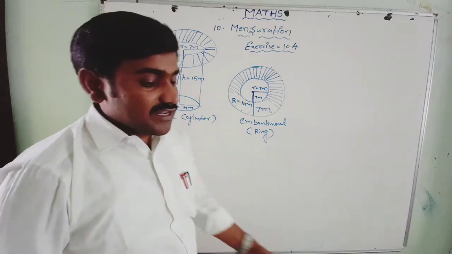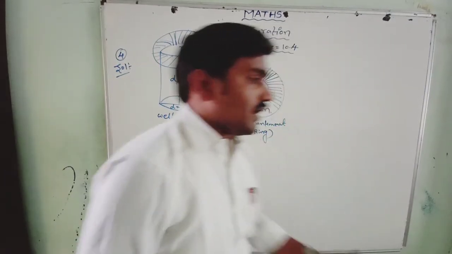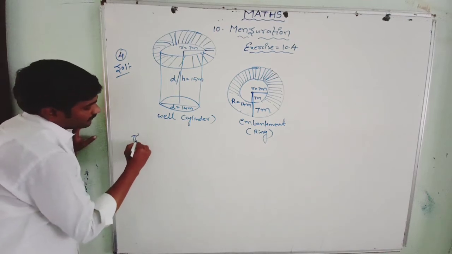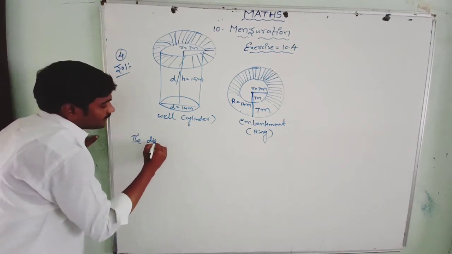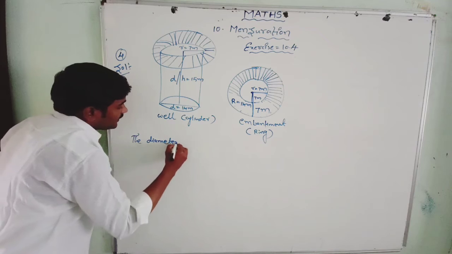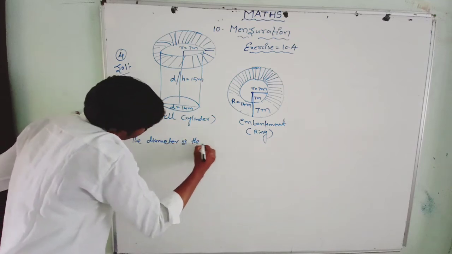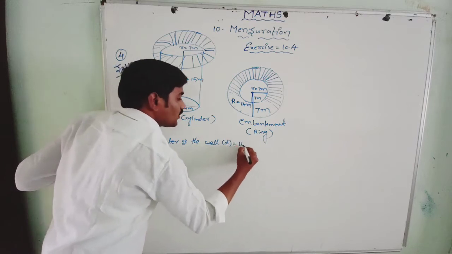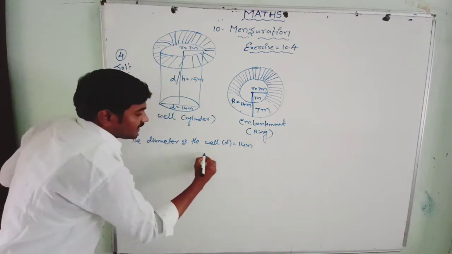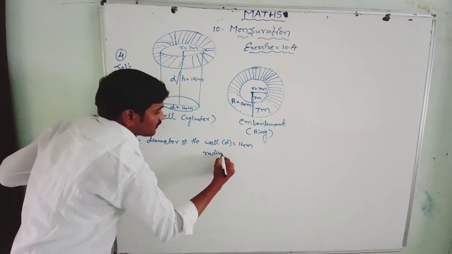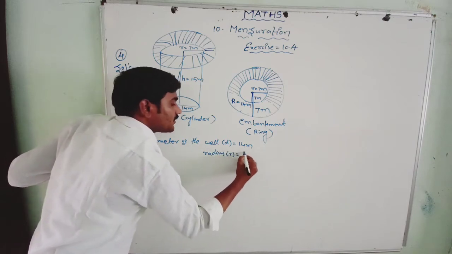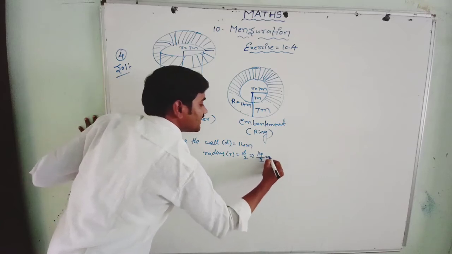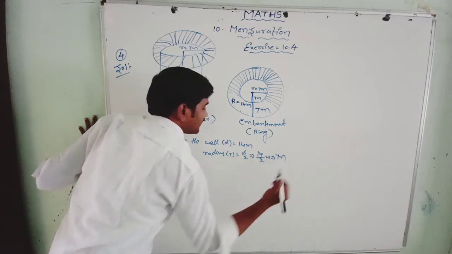So here let us write the given first, later I will solve the problem. The diameter of the well D is equal to 14 meters. Then the radius R equals D by 2, that is 14 by 2 meters, equal to 7 meters.